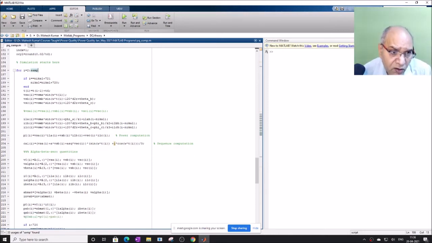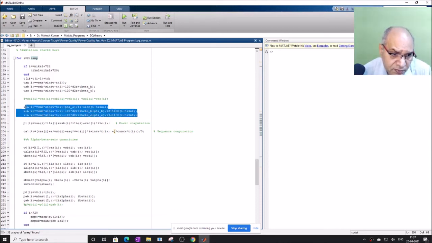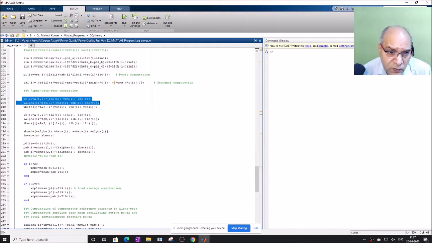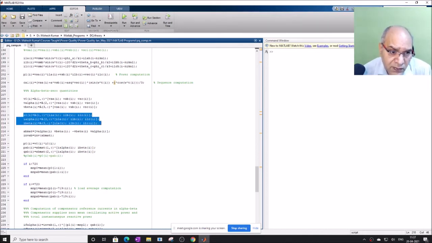Within this continuous loop, we again define the same parameters for the I variables like ILI, ILVI, ILCI, as you can see. And then we define the alpha, beta and zero components for voltage. This is the alpha, beta for the voltage components, and this is the alpha, beta for the current components.